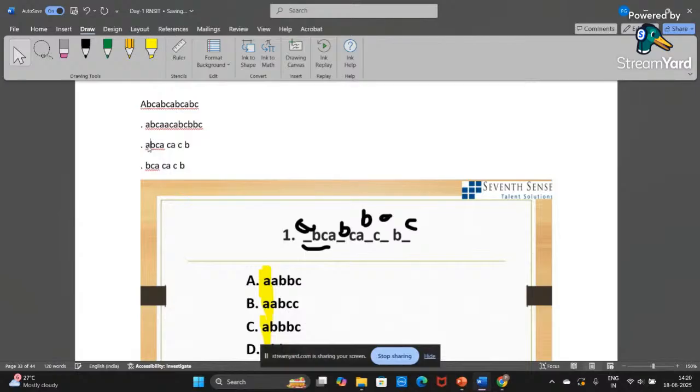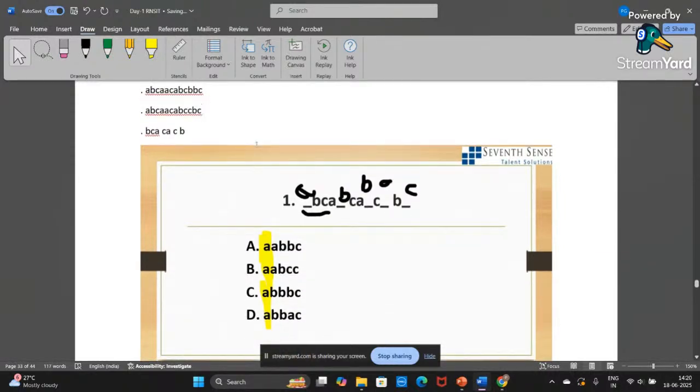Again, let us fill with A, B, B, C, A. Again, the next option is A, C, then B, C, and here also should be C, and last should be C. Okay. Let us try with the third option.